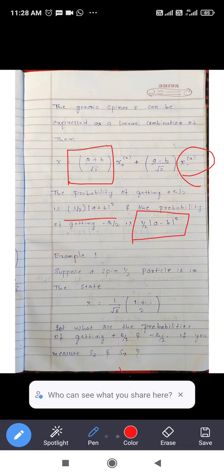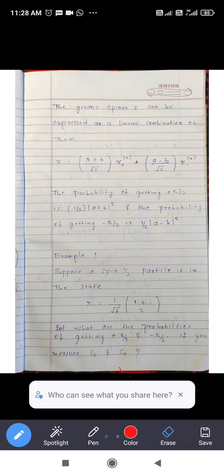So we take one example. Suppose a spin of particle is in the state chi equal to 1 over root 6 into the column matrix 1 plus i, 2.